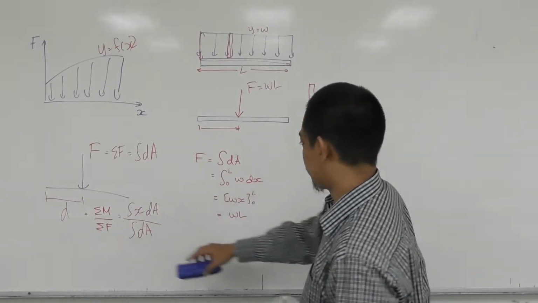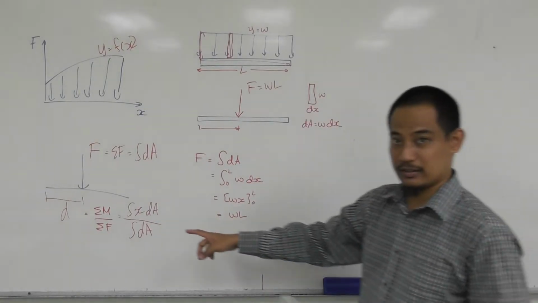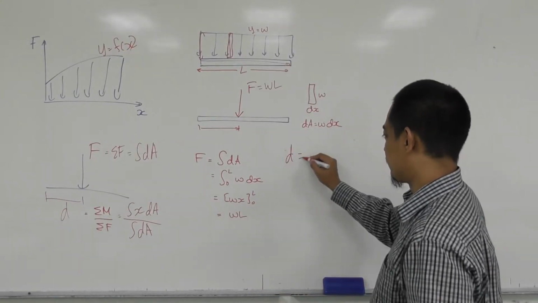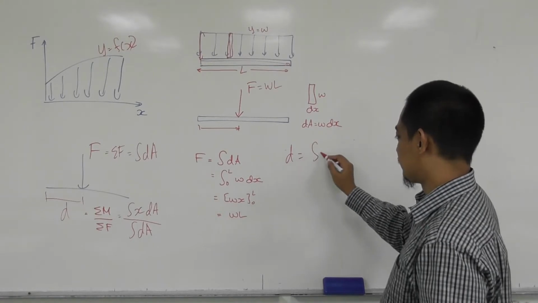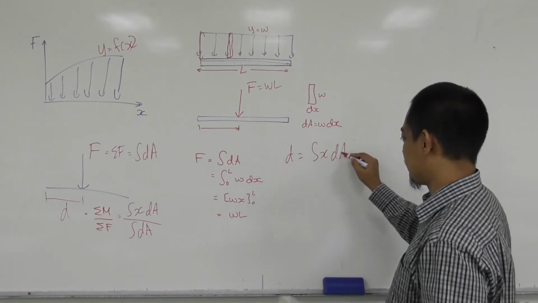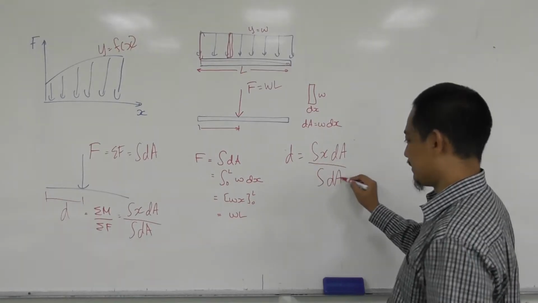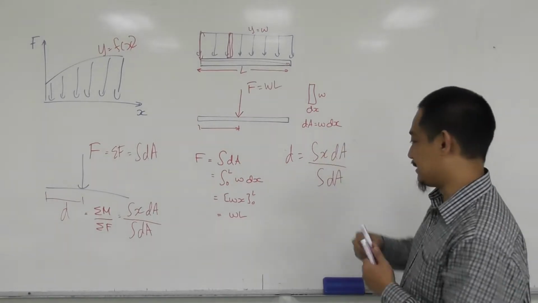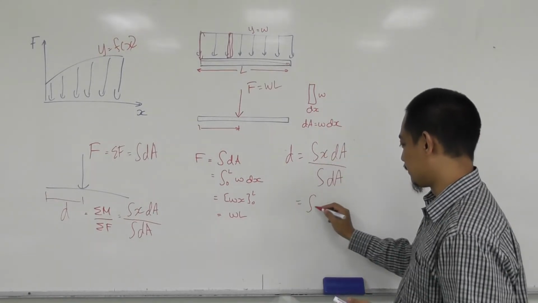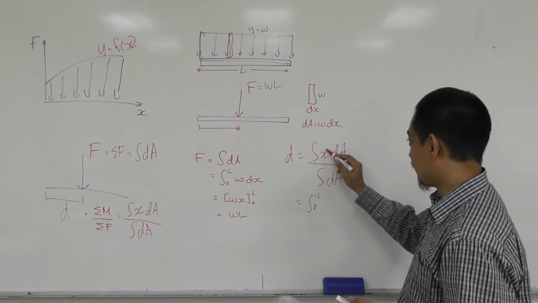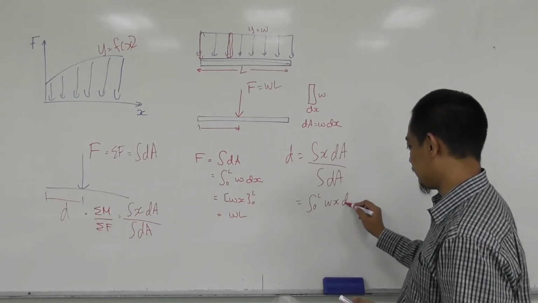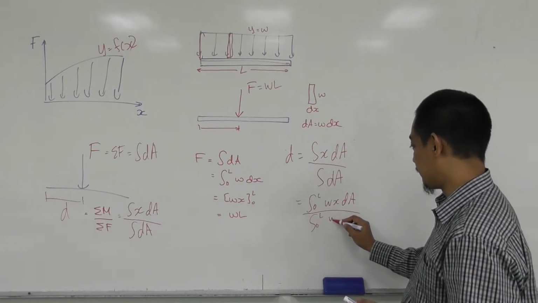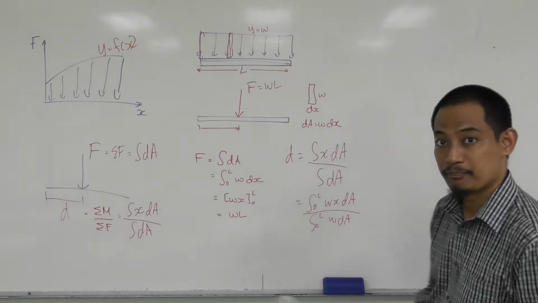What about the position? If you want to calculate the position D here, D is basically the summation of moment, which is the integration of x dA over the integration of dA. And we have already established what dA is. So you'll have the integration with limit from 0 to L of Wx dx over the integration of 0 to L of W dx.